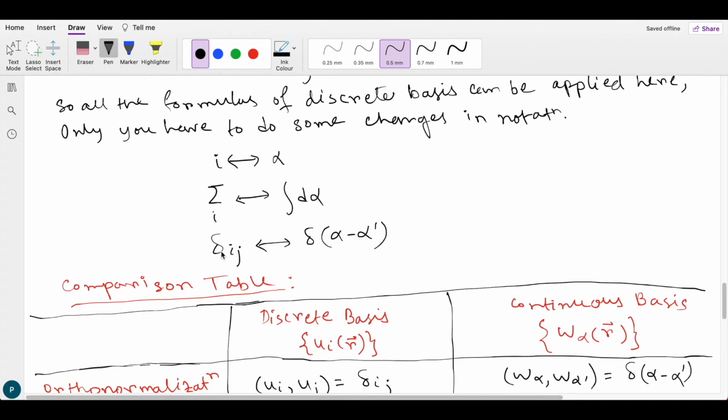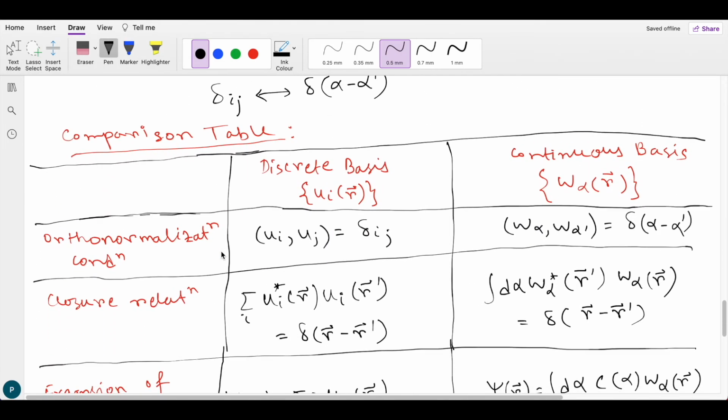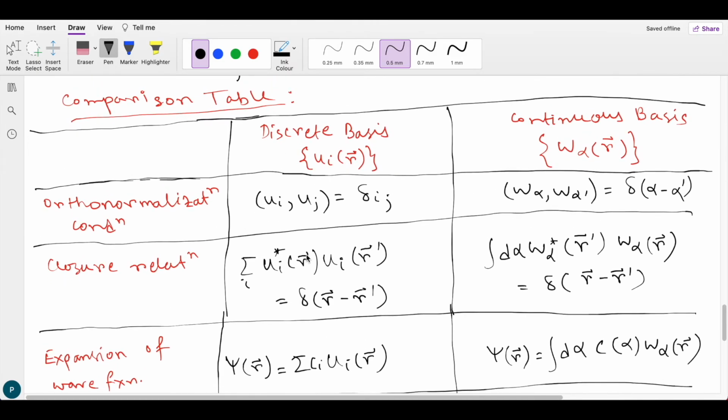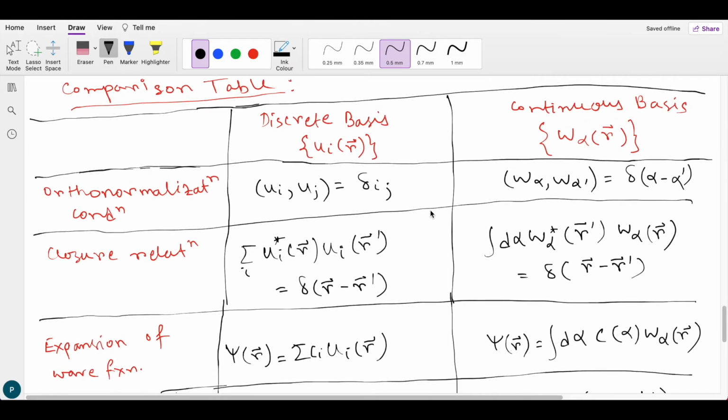So I have made a comparison table so that you can understand the discrete and continuous basis very clearly. We had our discrete basis as u_i, and we had our continuous basis W alpha, but the difference is that i is a discrete index like 1, 2, 3 etc., but alpha is a parameter which varies from minus infinity to infinity continuously.